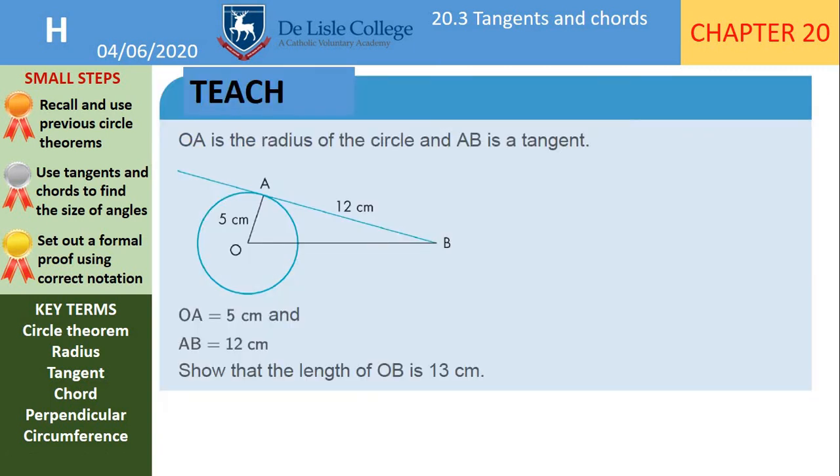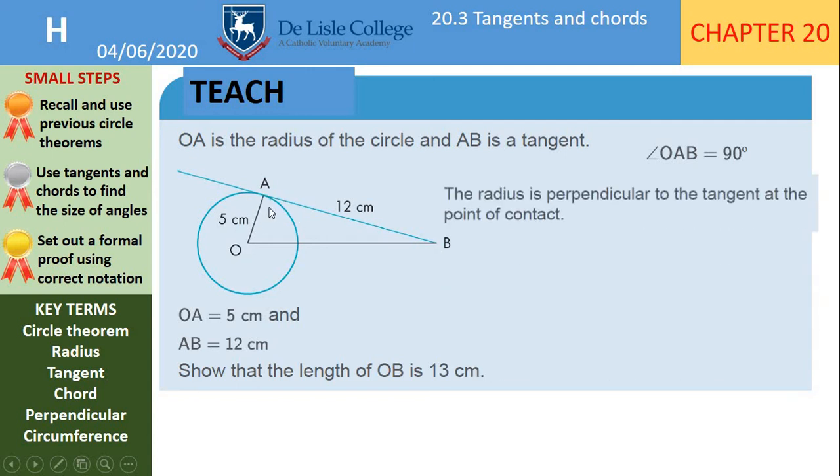So let's have a look at an example together. So here, OA is the radius of the circle and AB is a tangent, and we've been given the length OA equals 5 centimetres and that this length AB equals 12 centimetres. The question asks us to show that the length of OB is 13 centimetres. So angle OAB, hopefully just using the fact that a radius meets a tangent at 90, we can see that this is 90 degrees here.